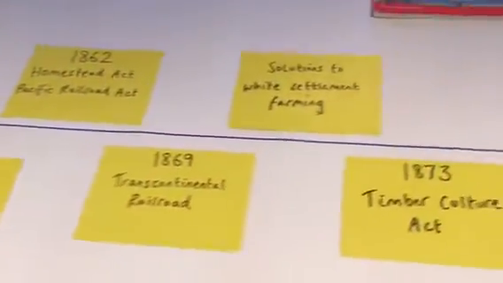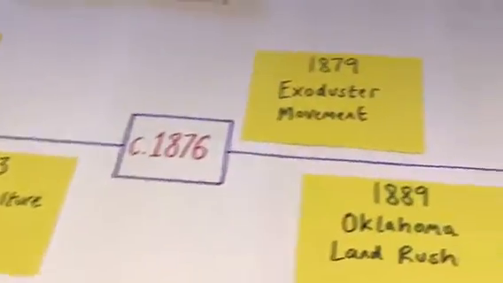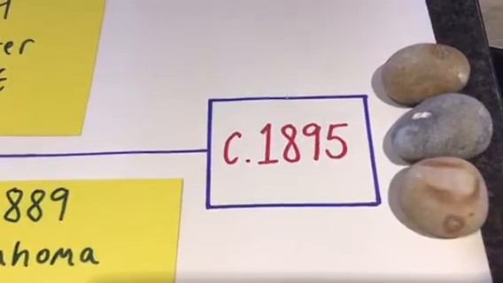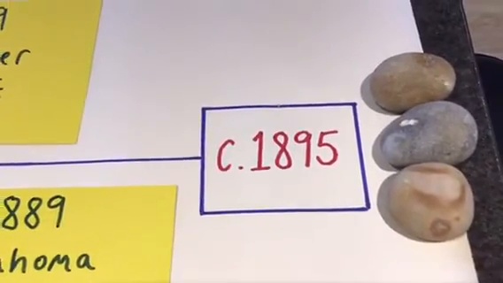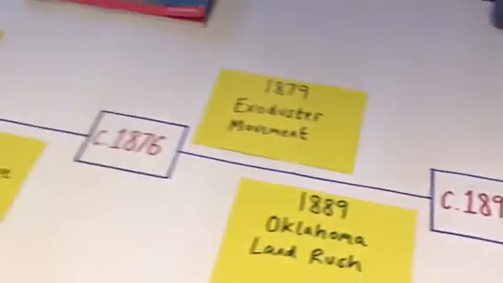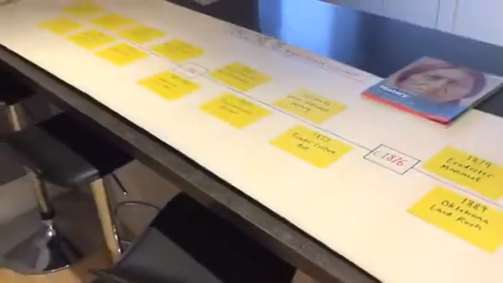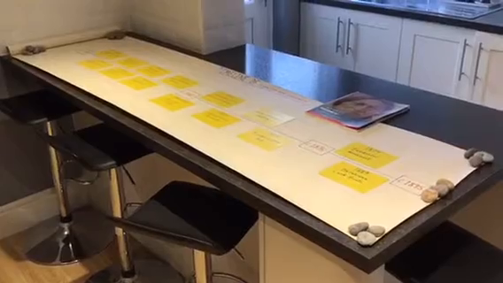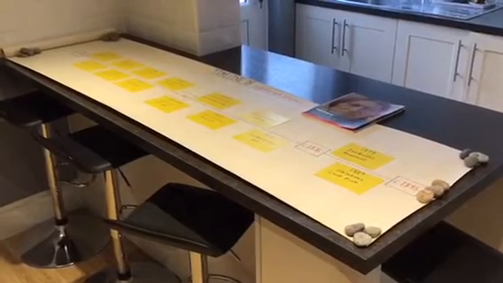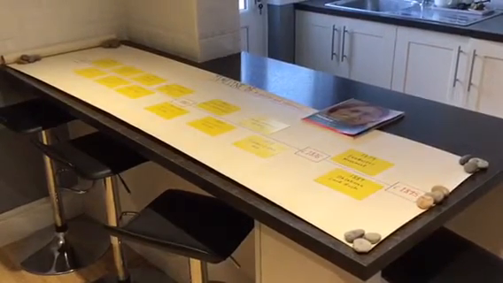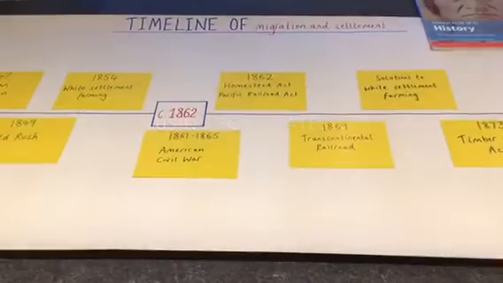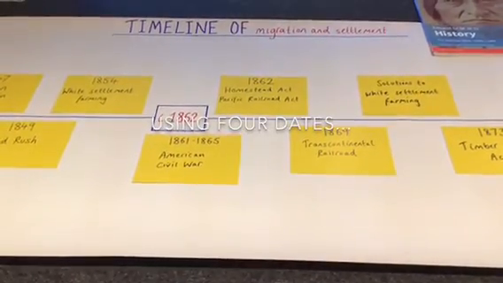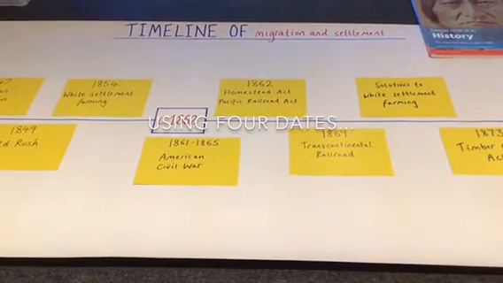We'll go through those in a minute, and then you end up with a date at circa 1895 at the end. Anytime you're writing the timeline out, the best thing to do is draw a long line landscape in your books and put the dates 1835 at one end and 1895 at the other. Okay, so those are the 2 dates, the one that starts the course and the one that ends it.